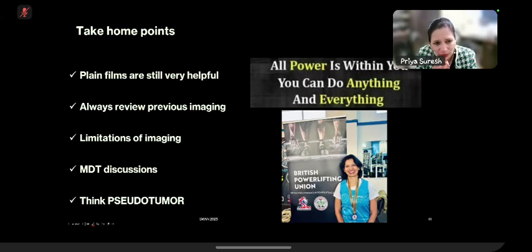Always review previous imaging, okay, don't forget that, whatever your practice. Limitation of imaging: if you have poly wear, then MR is unlikely to be helpful. Plain film will give you the answer.